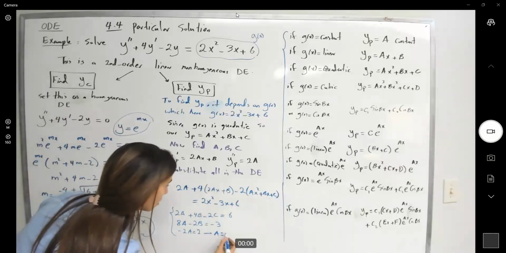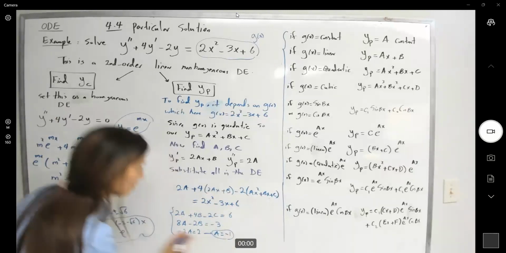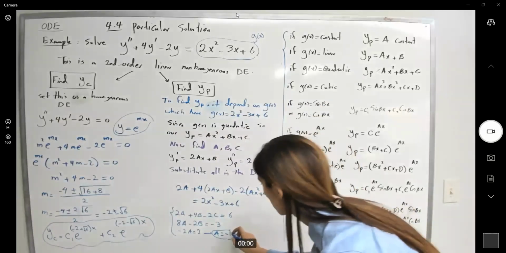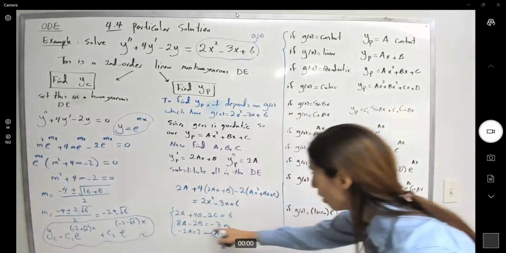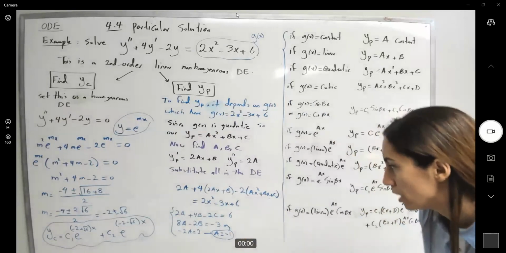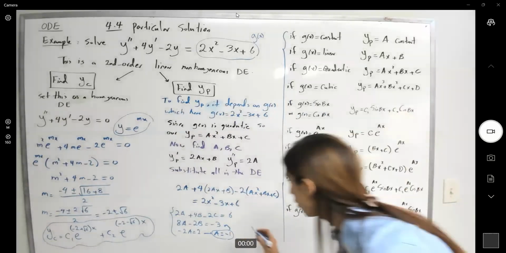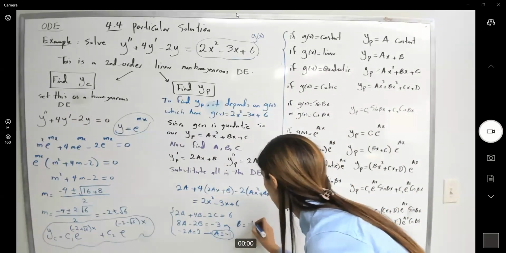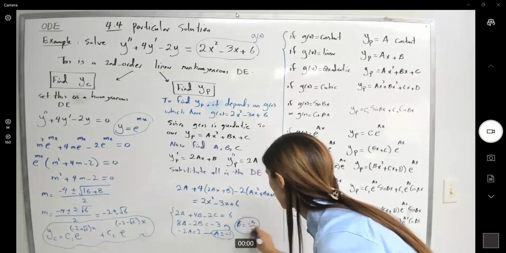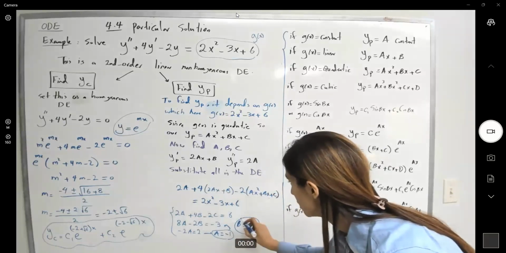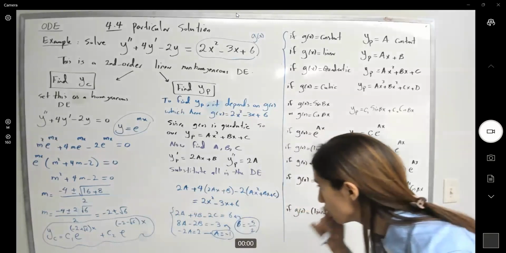So a is negative 1. I found my a. I'm going to substitute this here to find my b. So 2b is equal to negative 5, so b becomes negative 5 halves. And if I plug a and b into the first equation, what do I get?